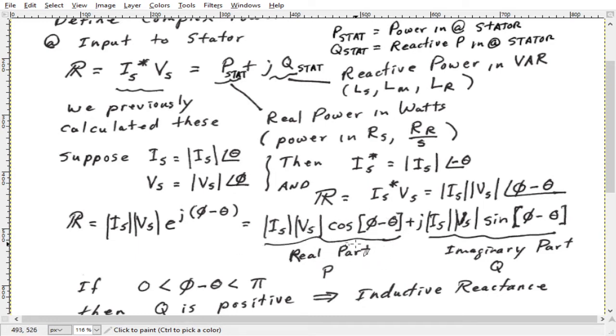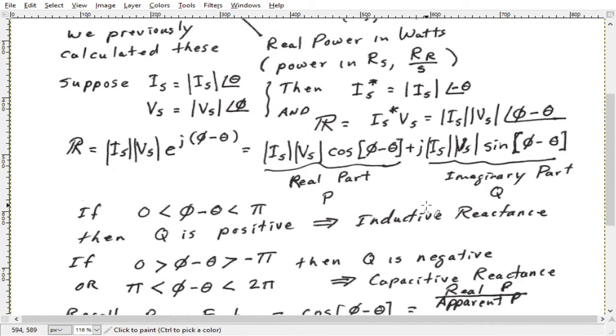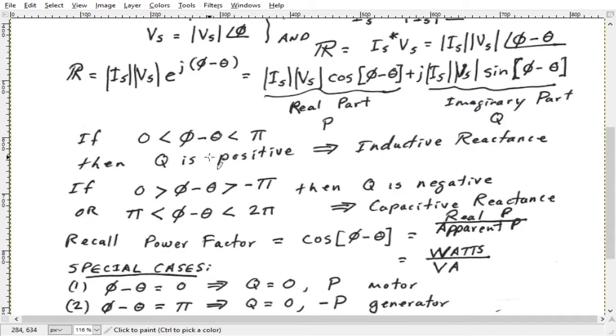If we write this all out in complex form, we see that the real part is this and the imaginary part is this, and this is just using Euler's formula to expand this here. Notice that if phi minus theta is between 0 and pi, then Q is positive, so it's an inductive reactance. If it's between minus pi and 0, then Q is negative, or a capacitive reactance.